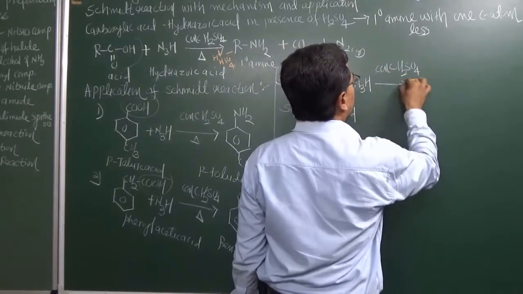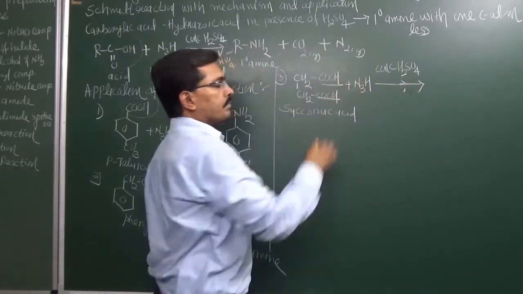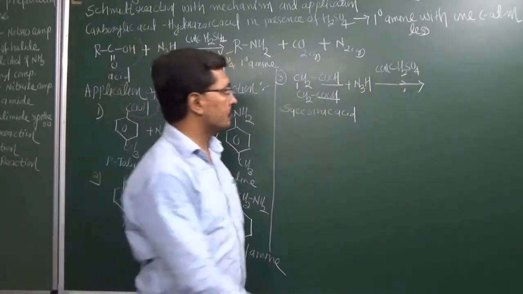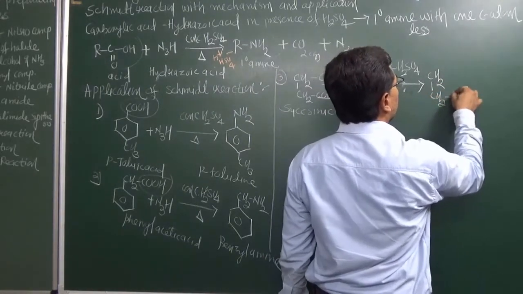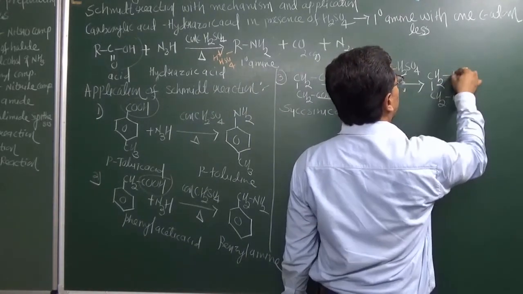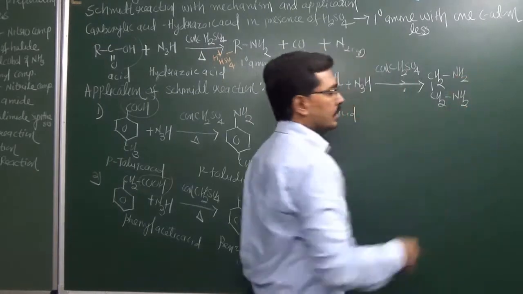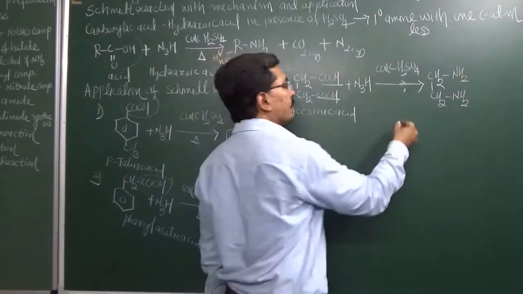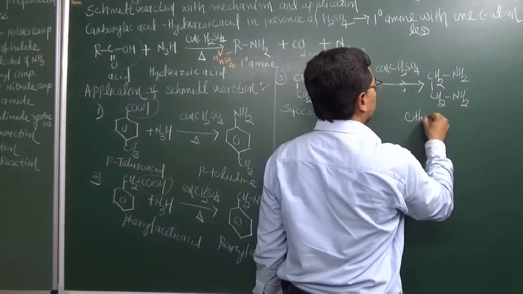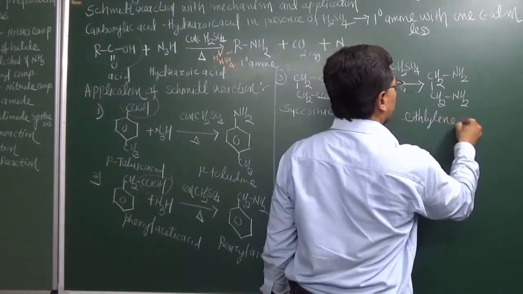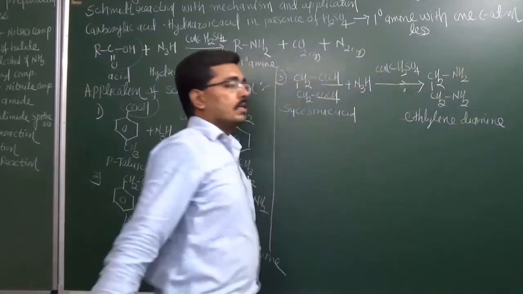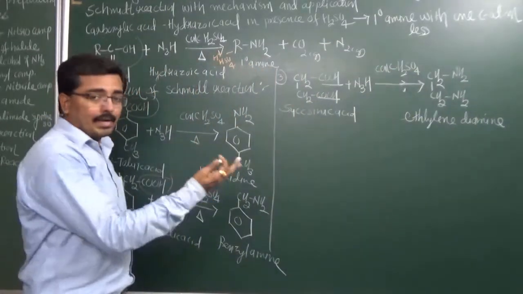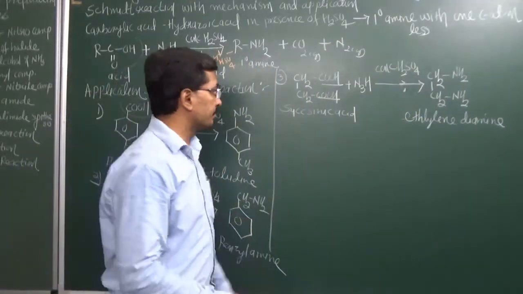Each carboxyl group will convert into an NH2 group, and as a result we get CH2NH2, CH2NH2, which is known as ethane-1,2-diamine, or ethylene diamine. This ethylene diamine will be obtained. If you know the mechanism, then you can write this product very easily.